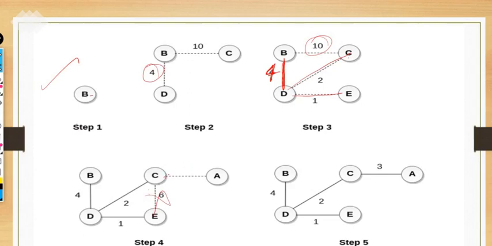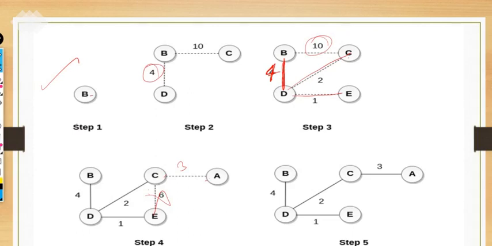The next adjacent of C will be this one, which is 3. Is it creating any cycle? No. So it is compulsory to cover all the vertices without any cycle. If any edge we take in the minimum spanning tree creates a cycle, we will remove that edge from the MST. Okay. So the one with the higher weight which creates a cycle, we will remove it.